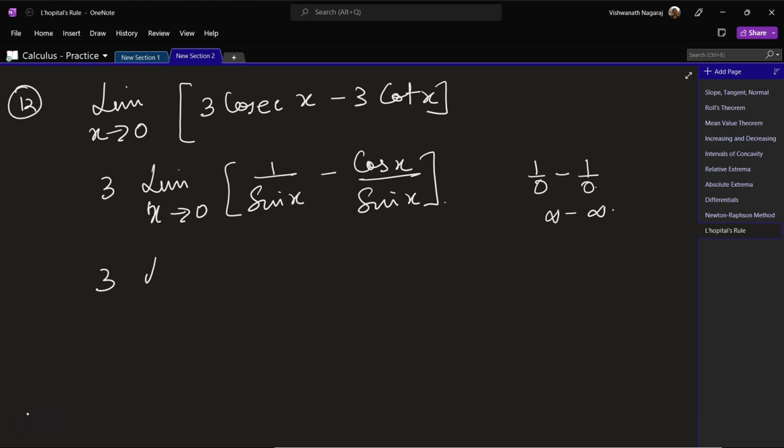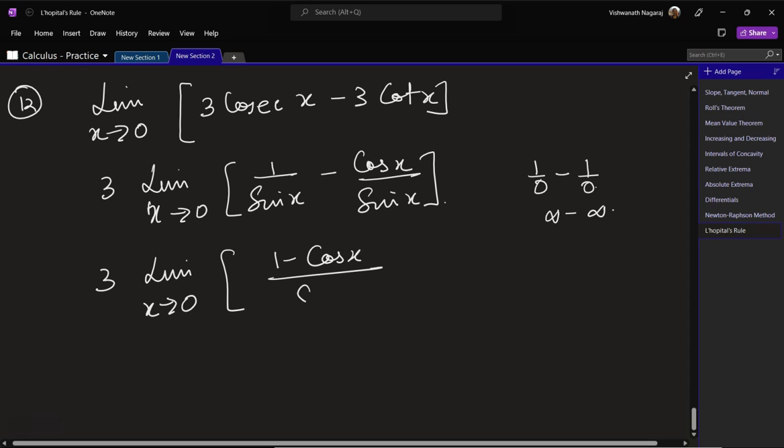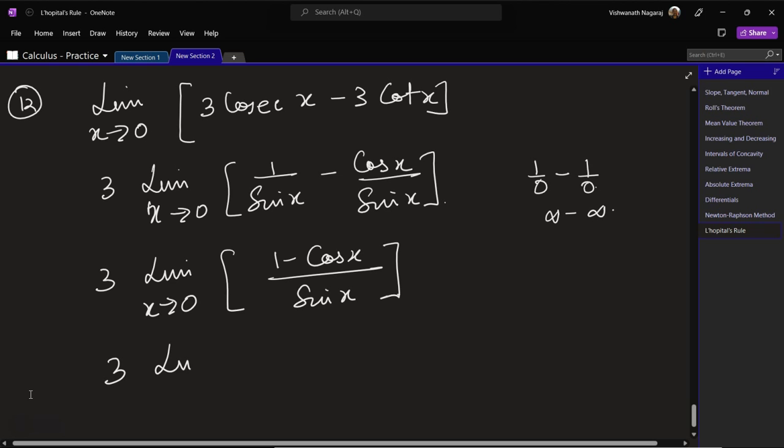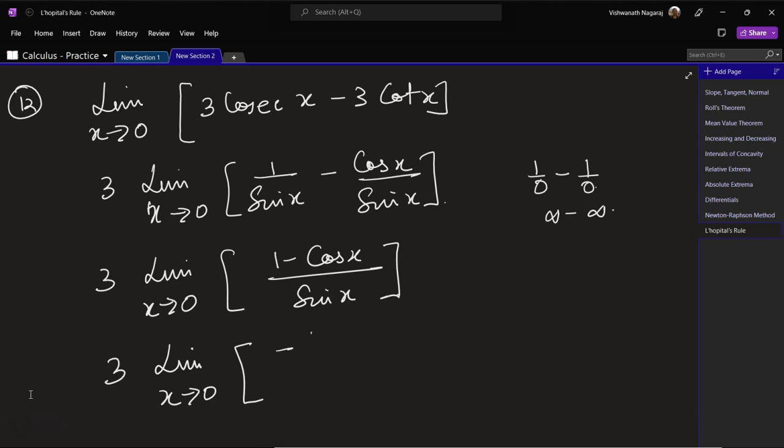But before we do that, let's simplify this. This becomes 1 minus cos x by sin x, because we are taking this LCM. Okay. Now let's do the differentiation. So limit as x approaches 0, differentiating the numerator and denominator separately, we get sine x divided by cos x, right?